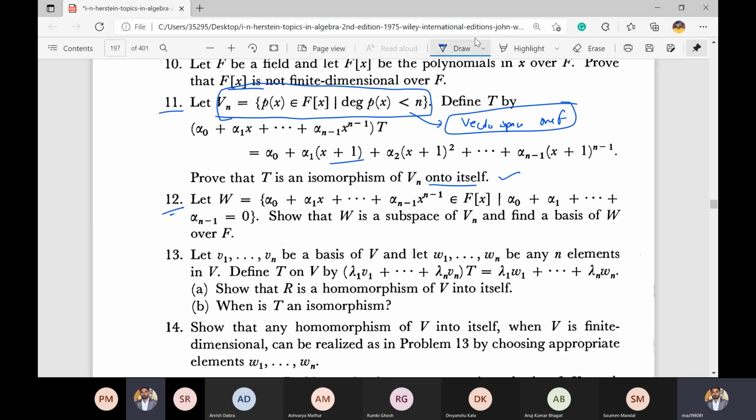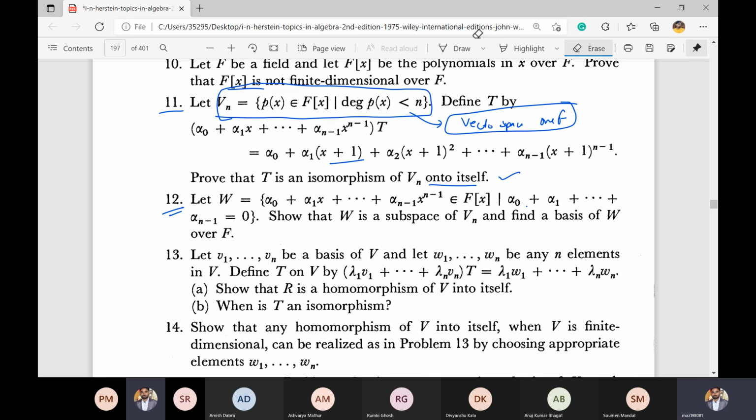Okay, for question number 12, let W be equal to this set. This is the condition given here. Prove that W is a subspace of Vn and find the basis of W. Okay, so how will you find the basis? The subspace part is, I think, easy. So how should one find the basis for W?